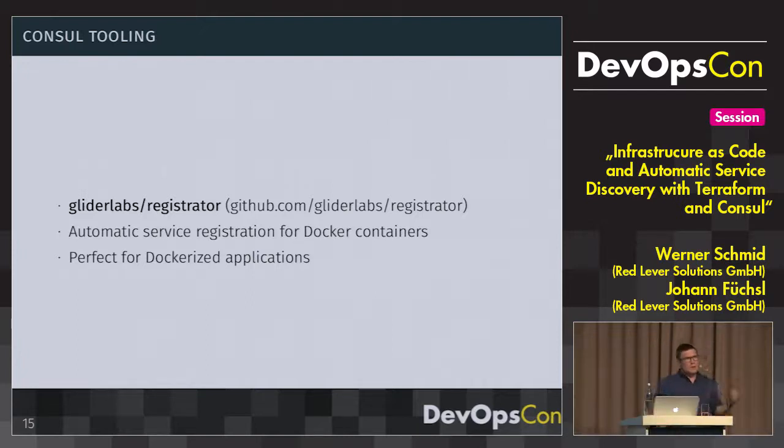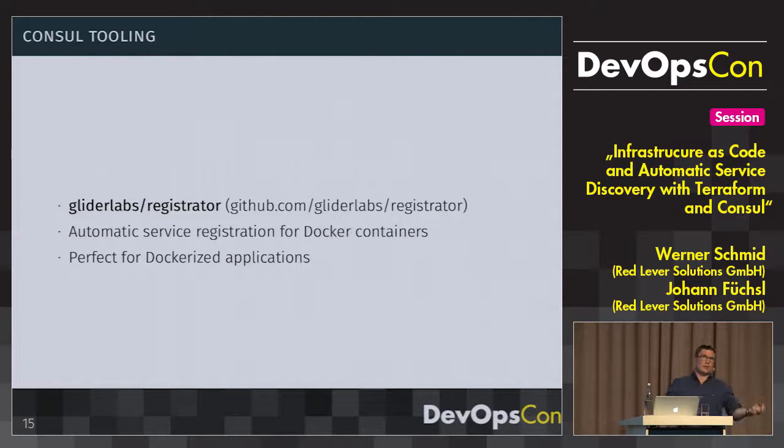What it does is link into the event stream of the Docker engine it runs on, and it listens to containers coming up and containers being stopped. Each time some of these events happen, it checks if this particular container offers a service, and you can configure that in the container or the Docker image via environment variables.